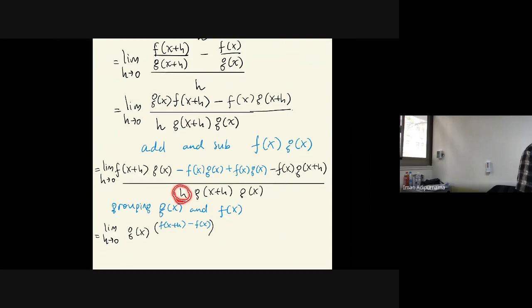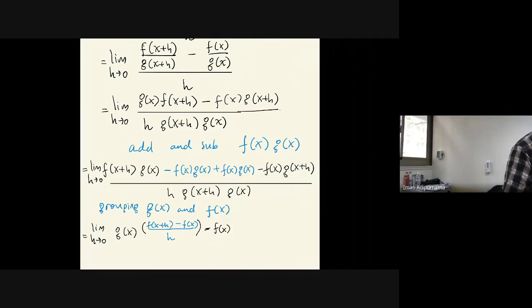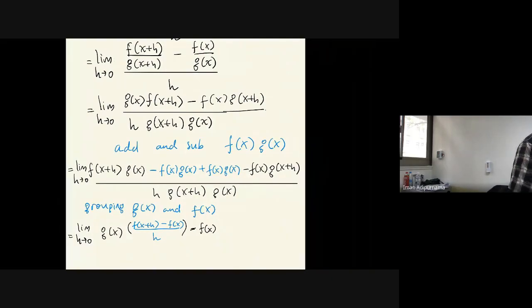This h I will bring back up here, so all will be divided by h. I will make this h appear here. And then minus the group 2, which is the f(x). Okay, this part.